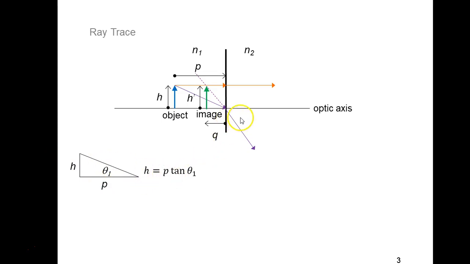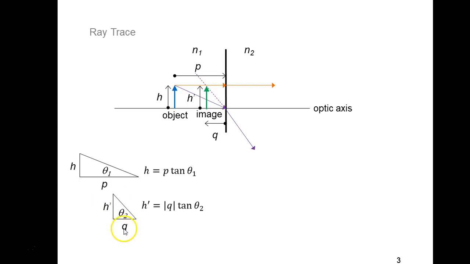The other triangle I want you to look at is this one. It's the green image arrow, this horizontal leg, which is the image distance, absolute value, and then this dashed purple line. And that's over here. Notice that the left side is H prime.